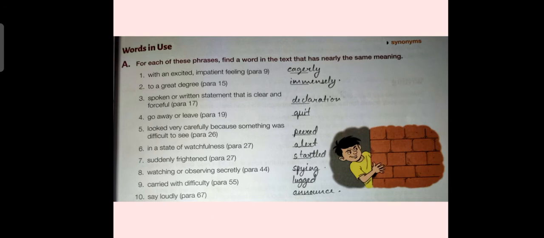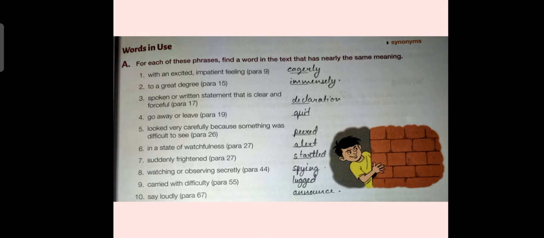Number 4. Go away or leave. Quit. Number 5. Looked very carefully because something was difficult to see. Peered. Number 6. In a state of watchfulness. The answer is alert. Suddenly frightened. Startled.